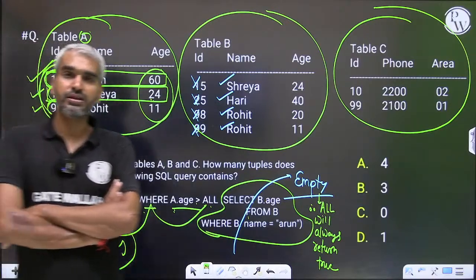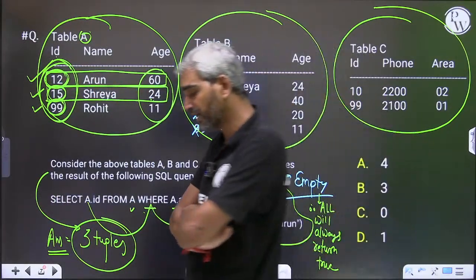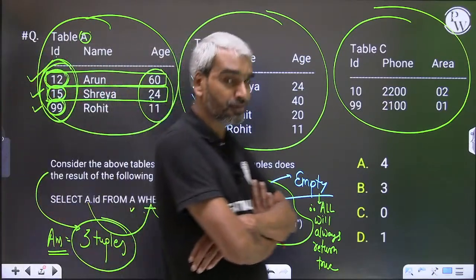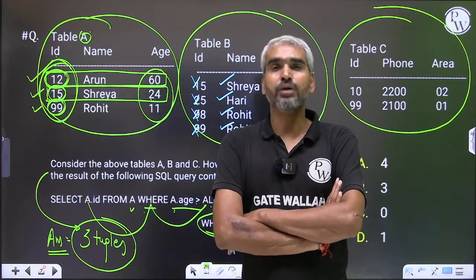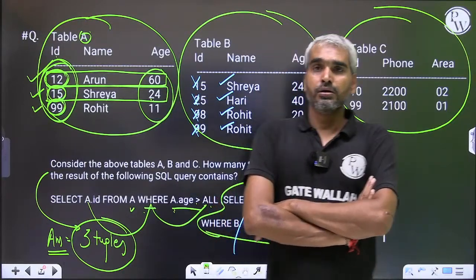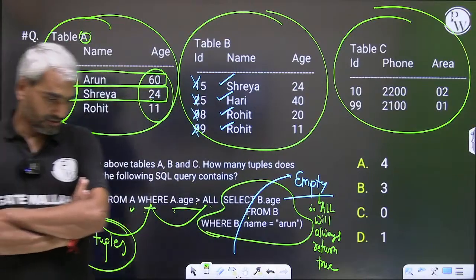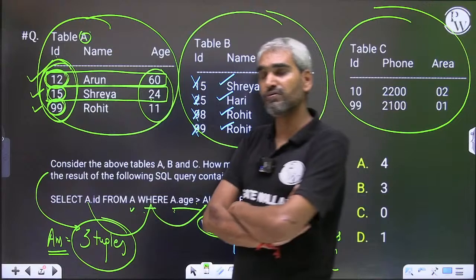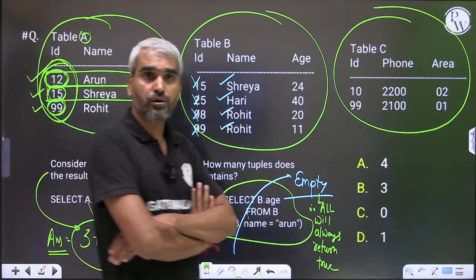You may struggle with view serializability, and with 2PL and the timestamp ordering protocol. Otherwise, there is nothing difficult in transactions and concurrency control, right? So I'll plan some sessions in which we can discuss view serializability, 2PL, and the timestamp ordering protocol. Clear?